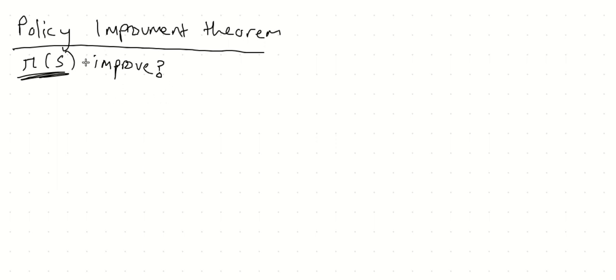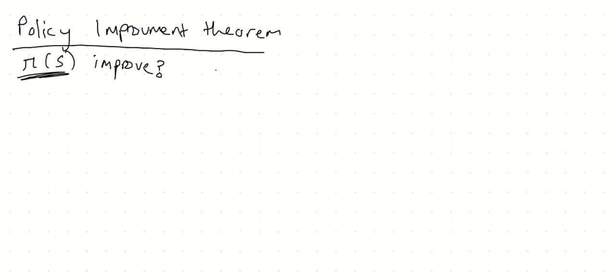That's the question, right? So let's say we changed this policy, just a little bit. In one particular state, we take a different action, and after that we follow the same policy. What I mean by that is you are given a policy, like move right, for instance.